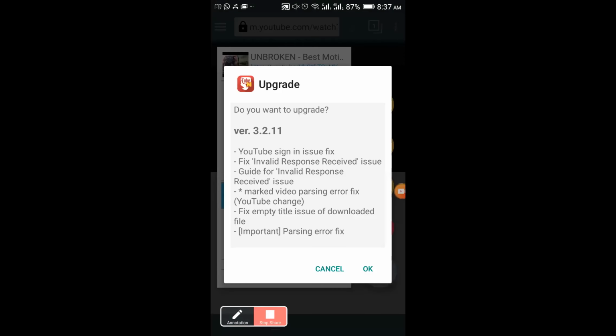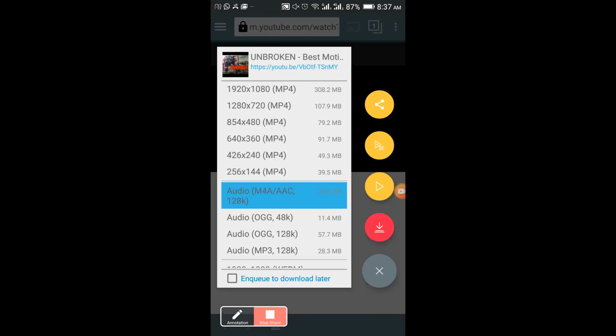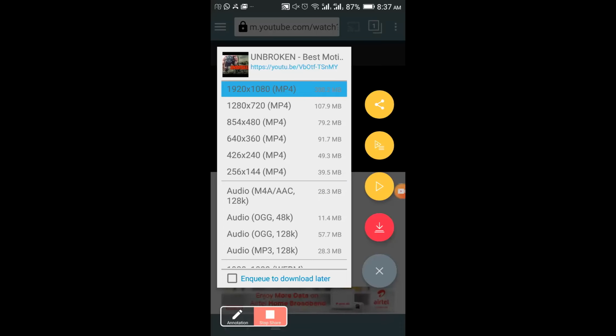You click remove all these things. It will tell you to pair. It will show you something like this. But this is audio, and I'm downloading video, so I'll just change this side. Make sure it's not on audio. You click this red button.